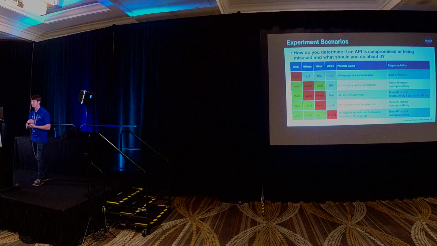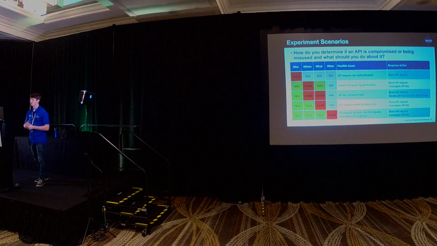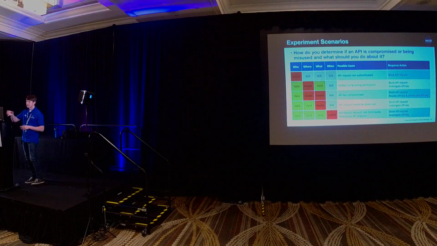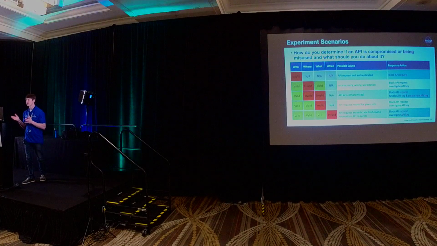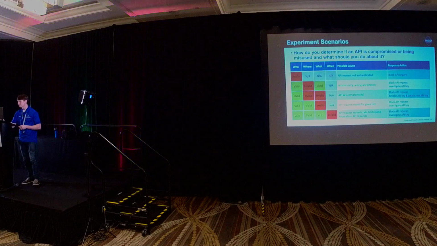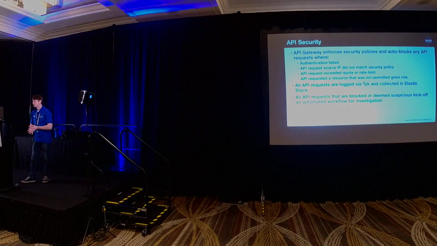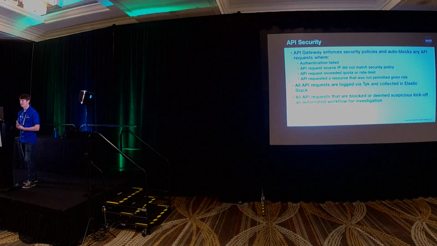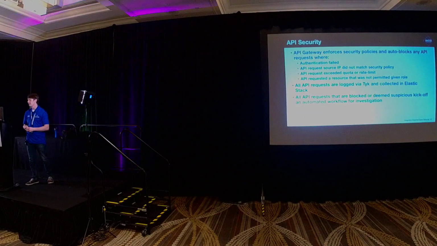So that one's weighted lower than the rest. And then where, what, and when are all weighted equally. I'm not going to go into the specifics on each different scenario, but we configured the API gateway to block if any of the attributes were invalid.